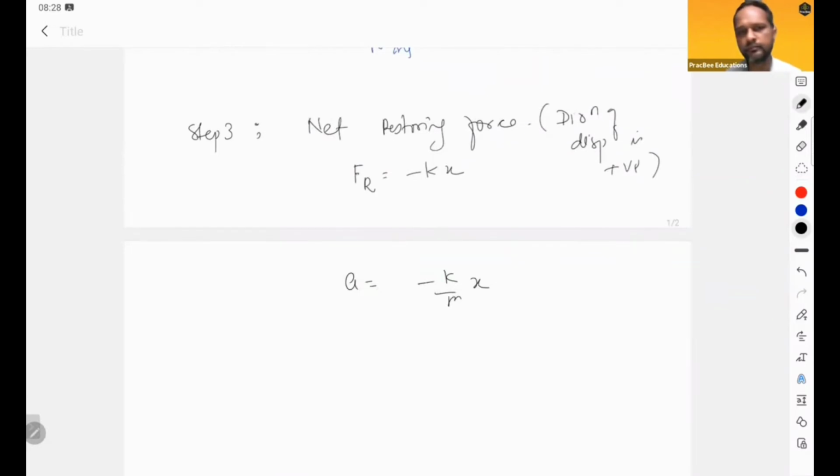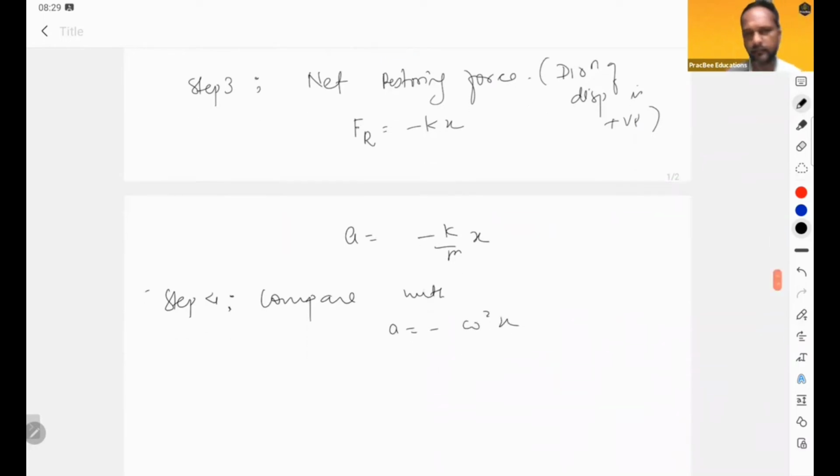Then step 4, compare with a equals minus omega square x. So this implies that omega is under root k by m.